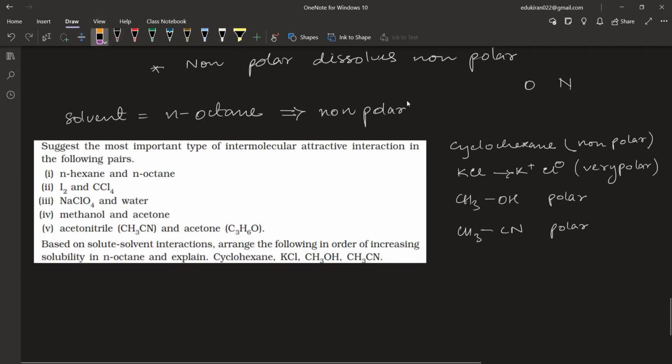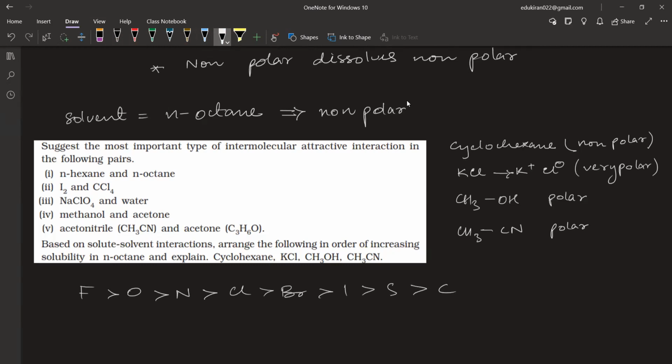Oh, you don't remember the electronegativity series? Remember this, it's very helpful. Eleventh class students, do you remember how to remember this?